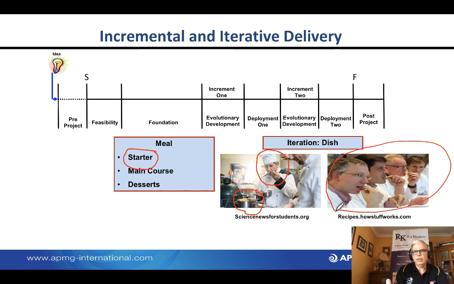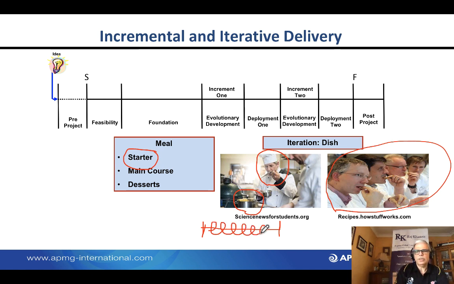And in Agile and Scrum, we talk about collaborative testing. So we've got more than just one person tasting it. So therefore, we are getting feedback as the dish is being developed. So during this time box we talked about earlier, we are making changes to the dish as we progress along.